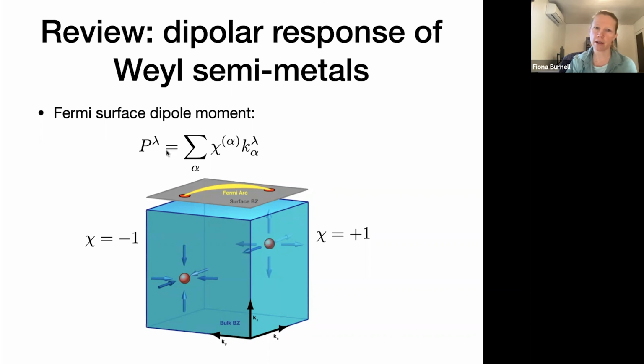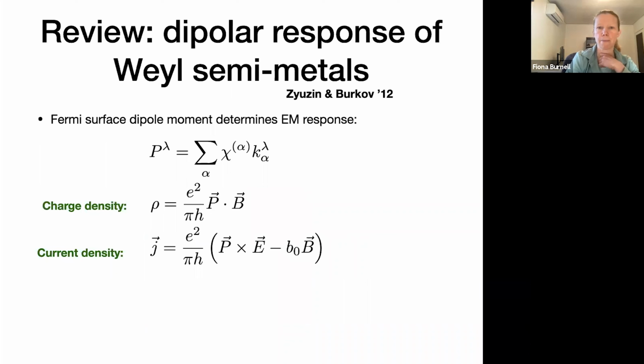And so from that, I can define a dipole moment of these Weyl points, okay? And it is well known, and I'm not going to repeat the arguments here, that if you have a pair of Weyl nodes, then on the boundary of my Weyl semimetal, I actually get an open Fermi surface or Fermi arc connecting a Weyl node of negative chirality to a Weyl node of positive chirality, right? And so this open Fermi arc is sort of like a stack of quantum Hall systems at a bunch of different momenta going between here. Okay.